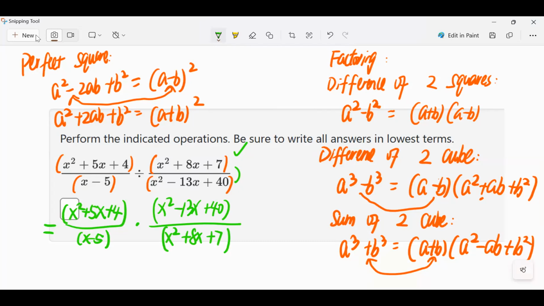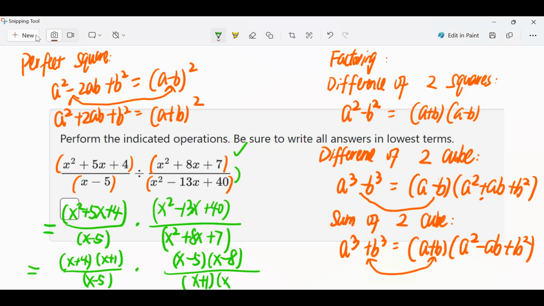Then you're going to factor completely. So this trinomial is x plus 4, and the bottom is x plus 5. And the second one is x minus 5, x minus 8, and the bottom x plus 1, x plus 7.